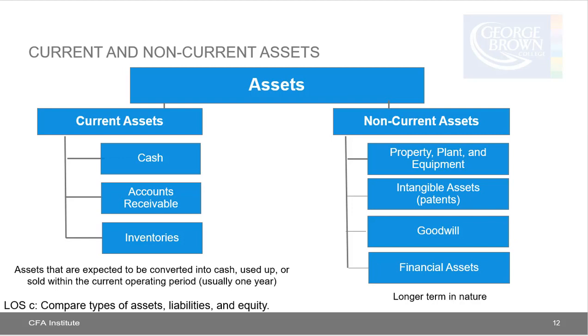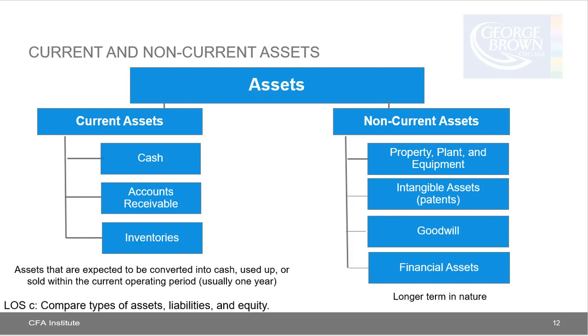What is accounts receivable, you may ask? A company sells something and it's on credit, so they would record the sales, but they haven't collected the cash yet, so they would have an accounts receivable. What are inventories? Well, a company buys inventories so that it can be sold. When it's sold, it will be a cost of goods sold, okay? So current assets are made up of cash, accounts receivable, and inventories.